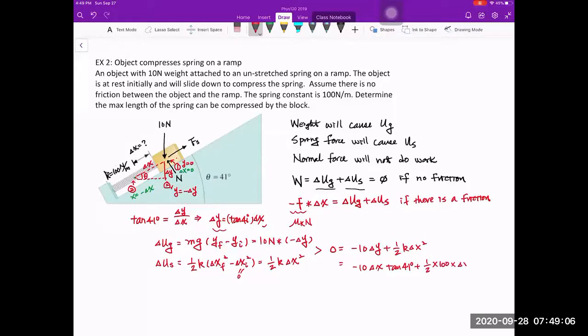This is change of x squared. Then you solve this equation, you can see we can cancel out one of the change of x. And this is negative, we can put it to the other side, and then you can solve for the change of x, and that's the thing we try to find.